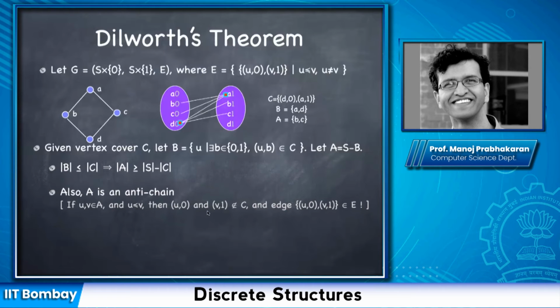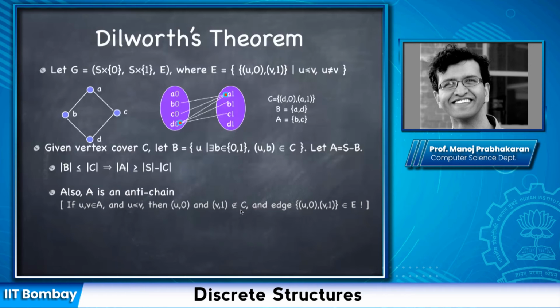So both U and V were left out of B because U0 or U1 for that matter, and V0, V1 are not part of the vertex cover. But then we have a contradiction. It cannot be a vertex cover. Here is an edge U0 V1, and neither of its endpoints are included in this vertex cover.